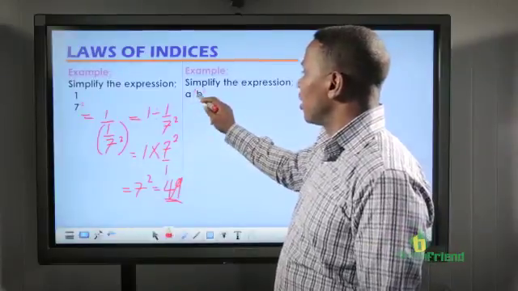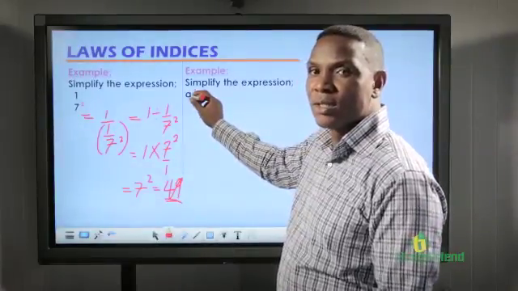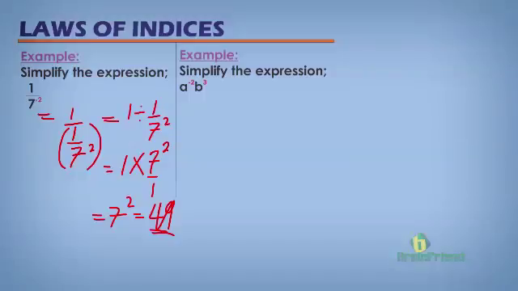If we're also asked to find something like this, a raised to power minus 2, b 3, this would be what? 1 all over, remember we are inverting a, but here our negative value has changed to positive.